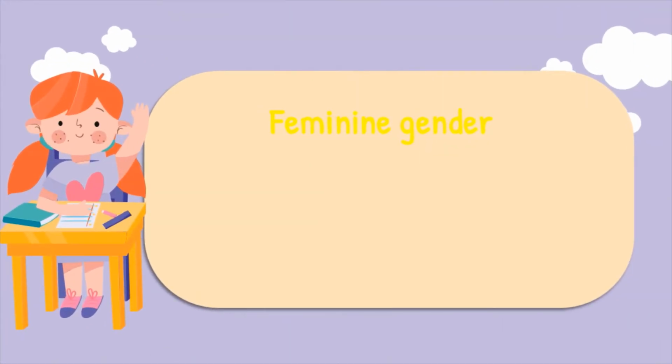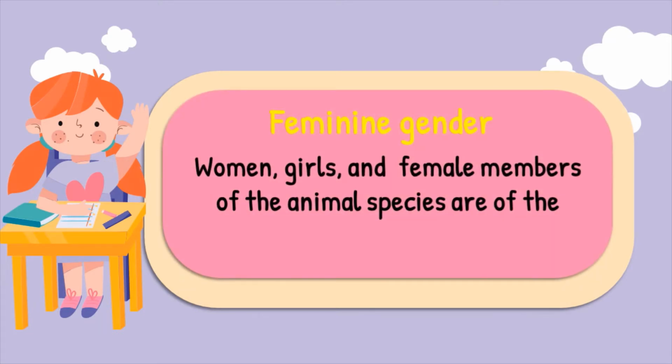The second type of gender is feminine gender. All the women, girls, and female members of the animal species are said to belong to feminine gender.